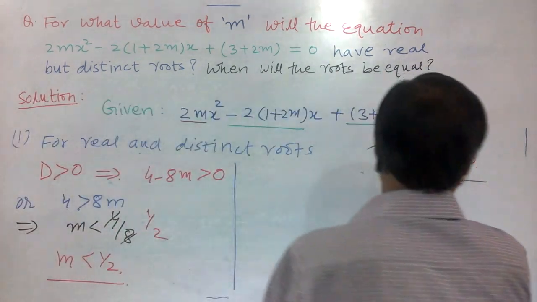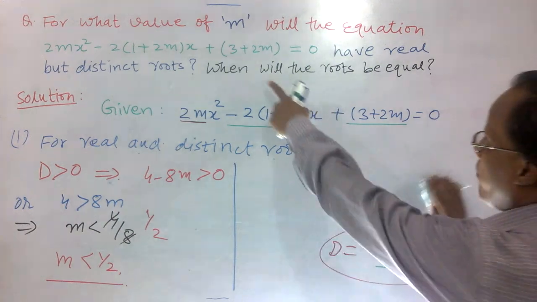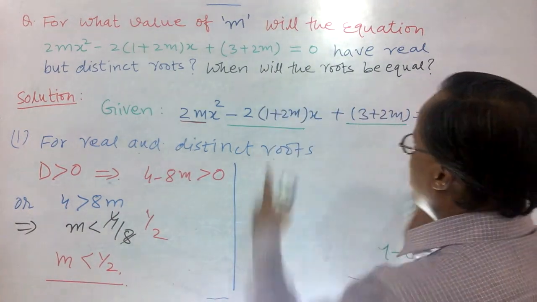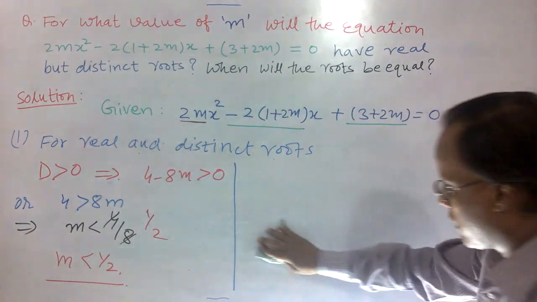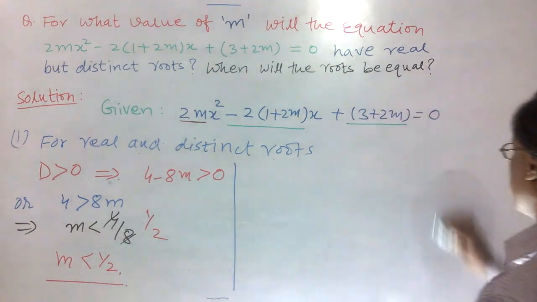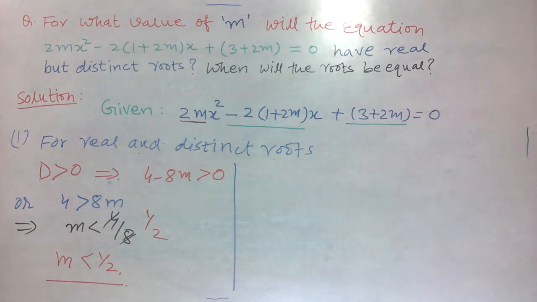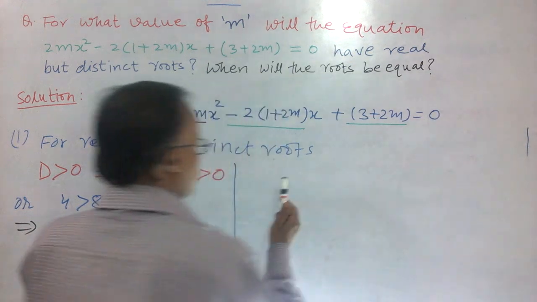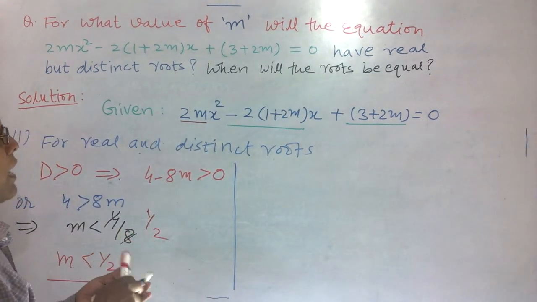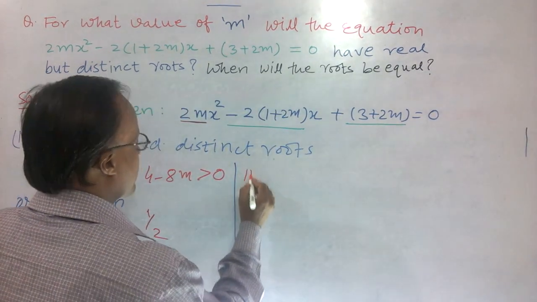Now we solve the second part. Second part is when will the roots be equal? So for the roots to be equal, value of discriminant is equal to 0. So second part, you write down the condition for second part.